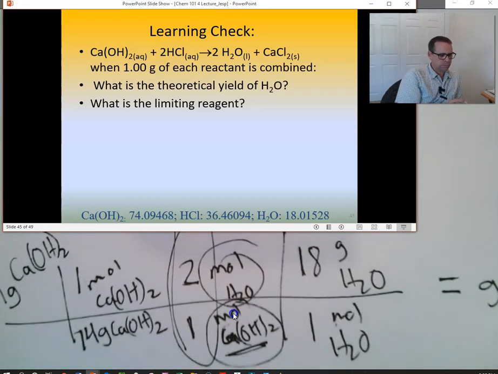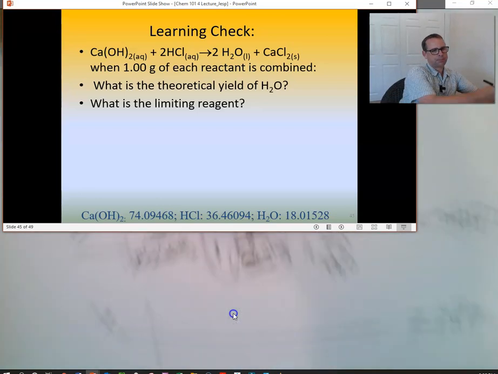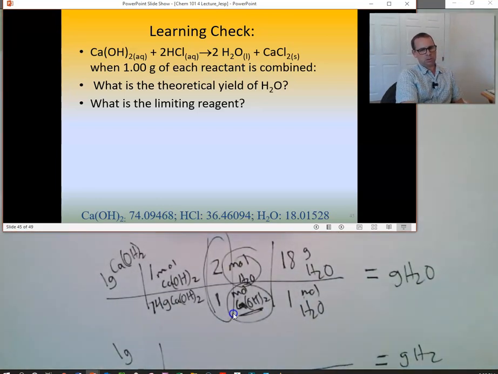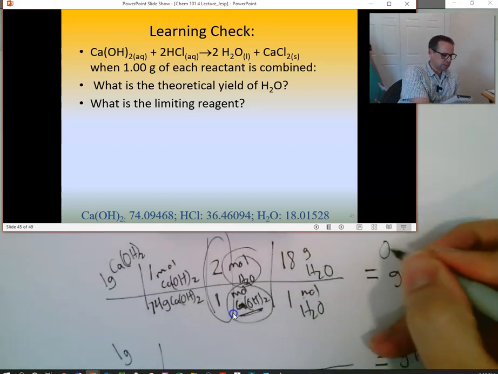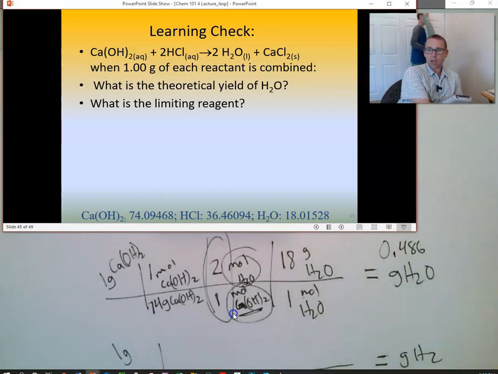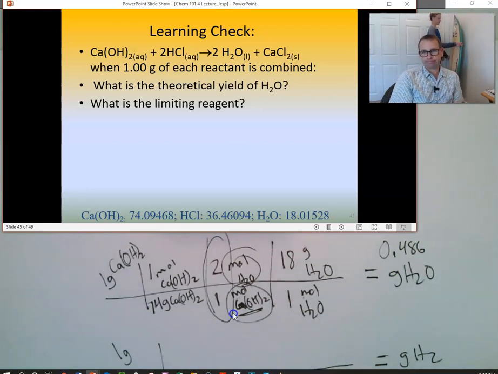And 1 mole of calcium hydroxide. Very good. Excellent job. So let me try to figure this out: 1 divided by the 74 times the 2 times the 18. I'm getting 0.486 grams of water. Very good.